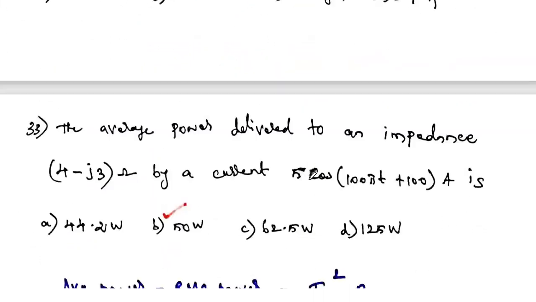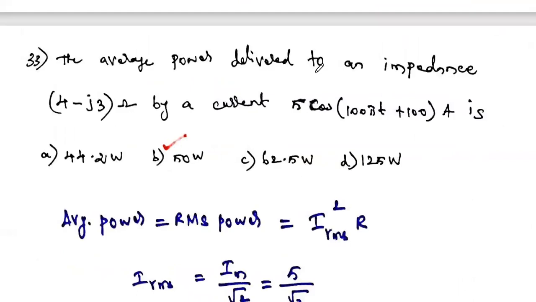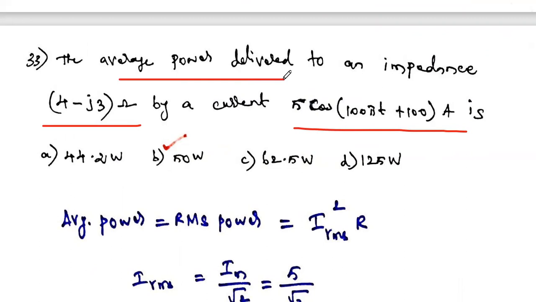Then the next question: the average power delivered to an impedance 4 minus J3 ohm by a current 5 cos(100 pi t plus 100) amps is dash. What is the average power delivered to the impedance 4 minus J3 if the current value is 5 cos(100 pi t plus 100) amps?